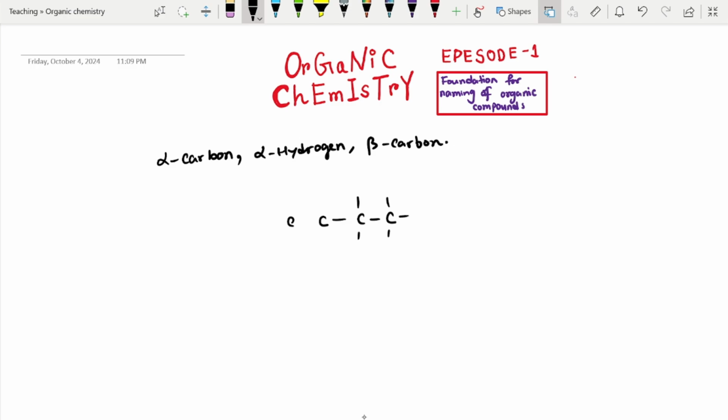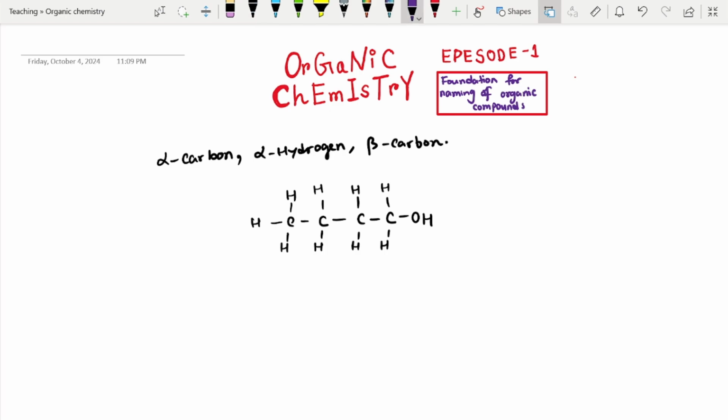I'll write this in a split manner. So this is butanol. Okay, so which one is alpha carbon? What is alpha carbon, alpha hydrogen, and beta carbon?